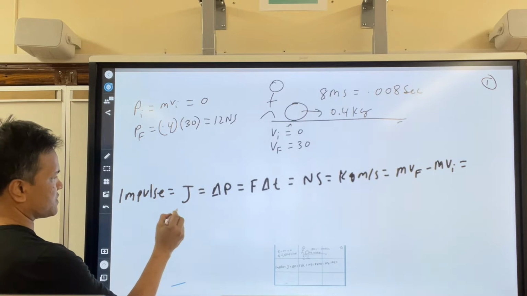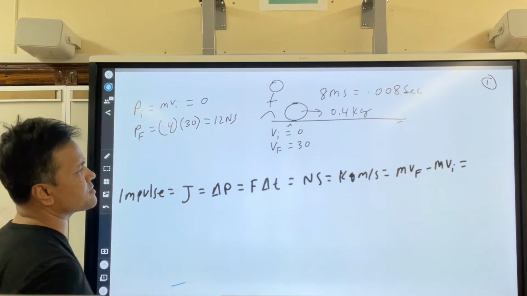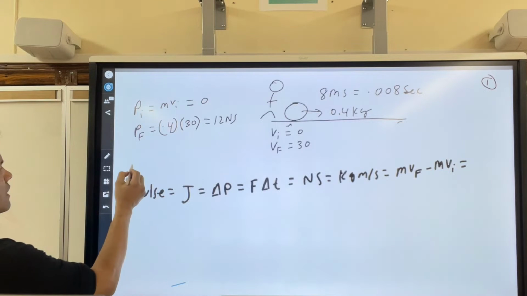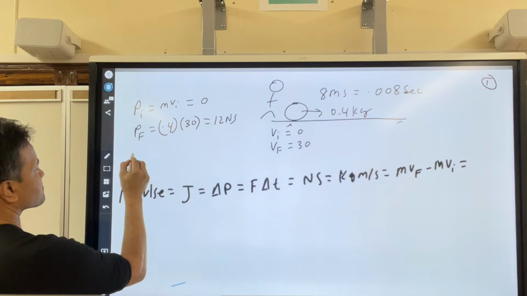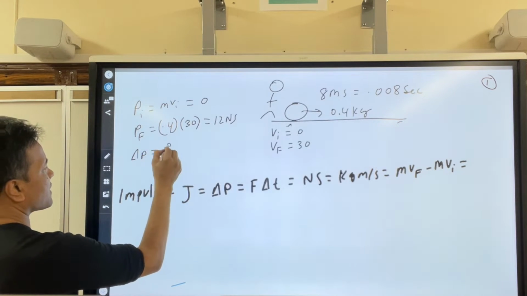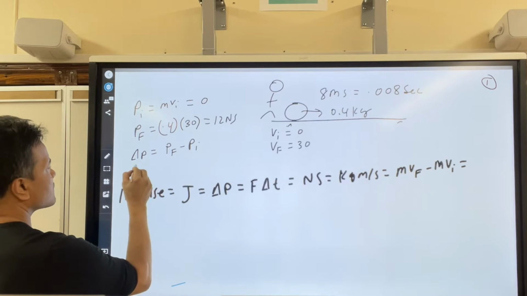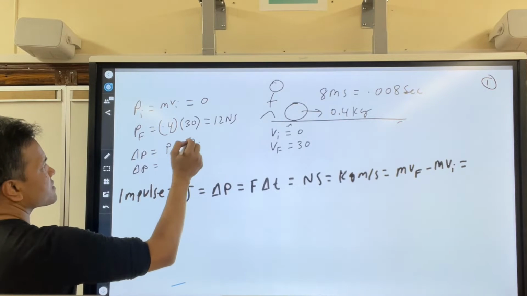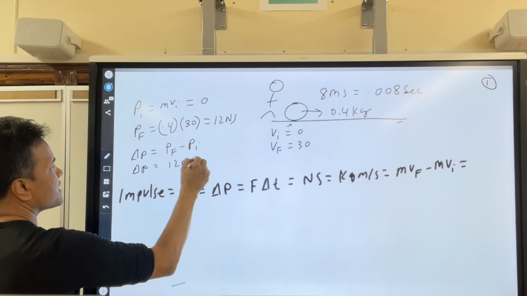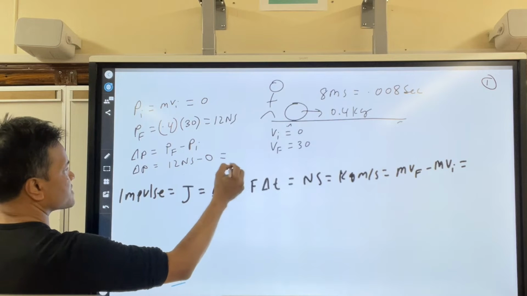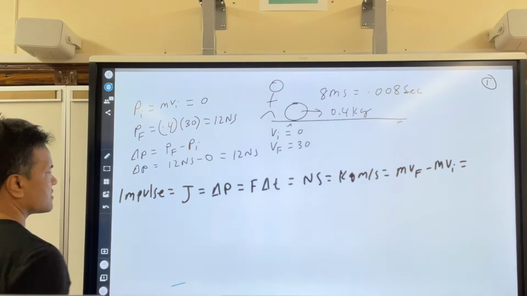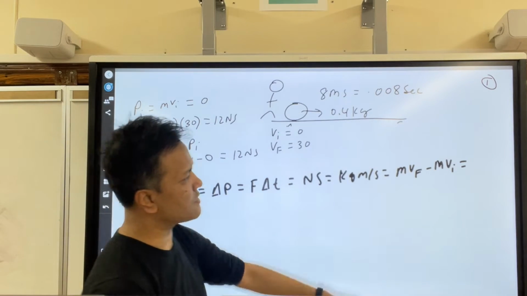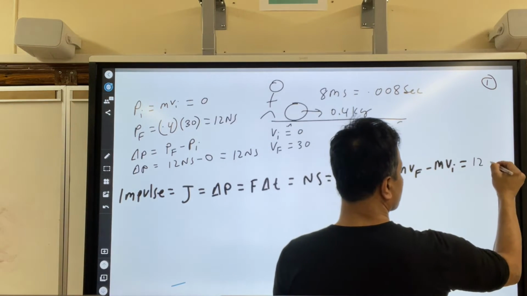Impulse, which is J, is delta P, equal to P final minus P initial. P final is 12 Newton second. P initial is 0. So impulse J is delta P is equal to F delta T, which is 12 Newton second.